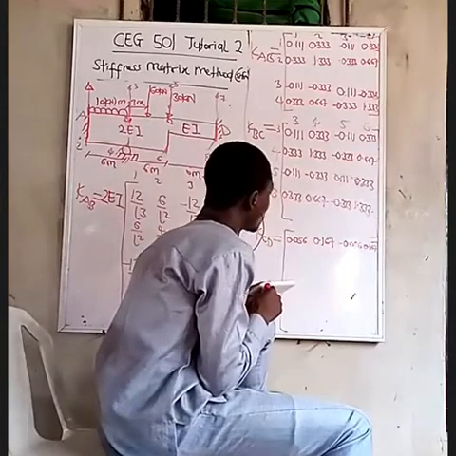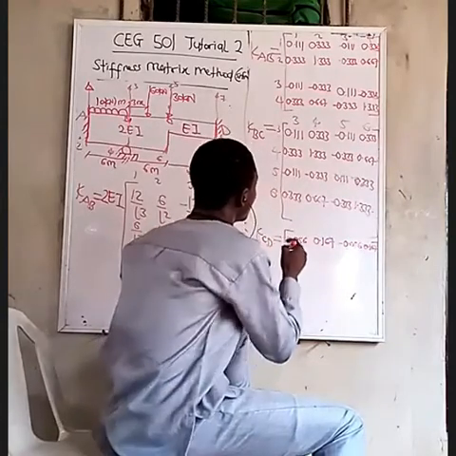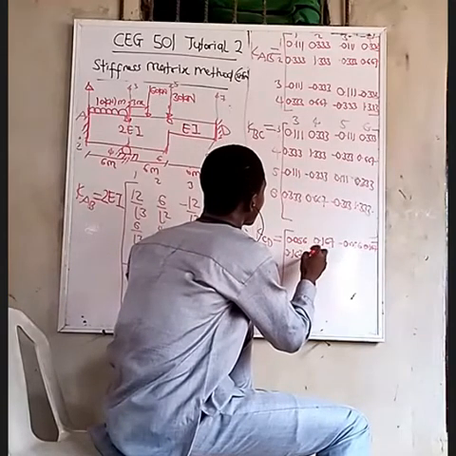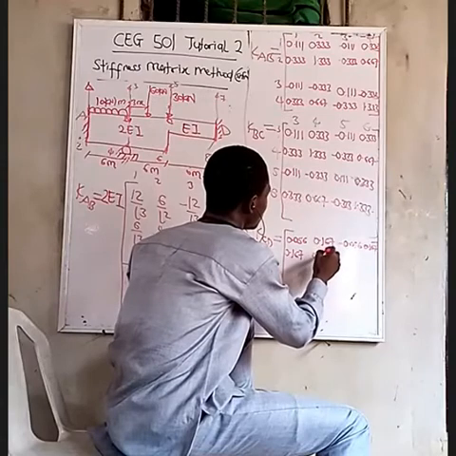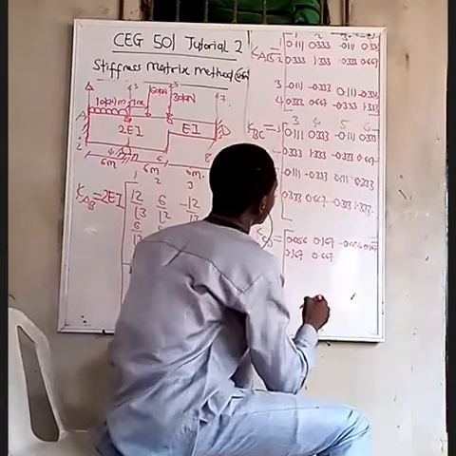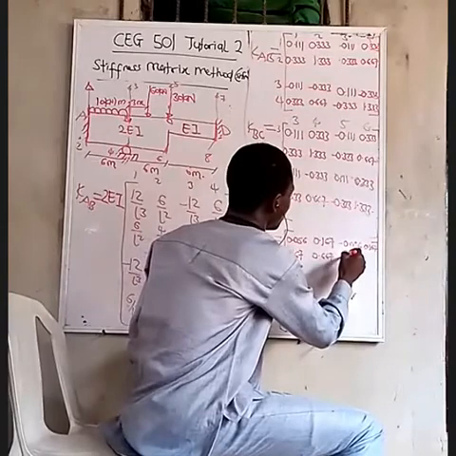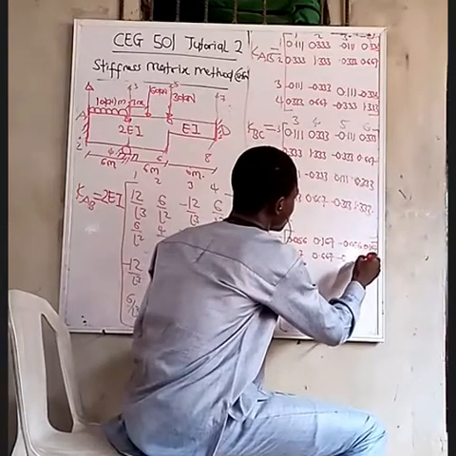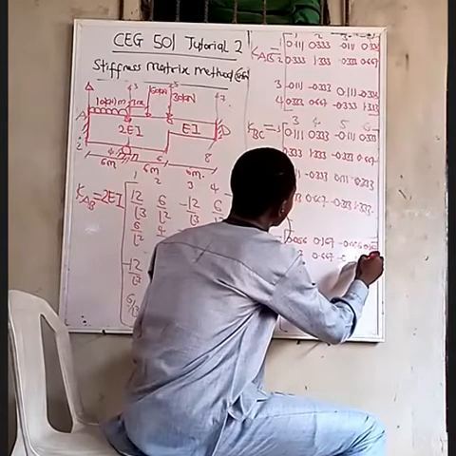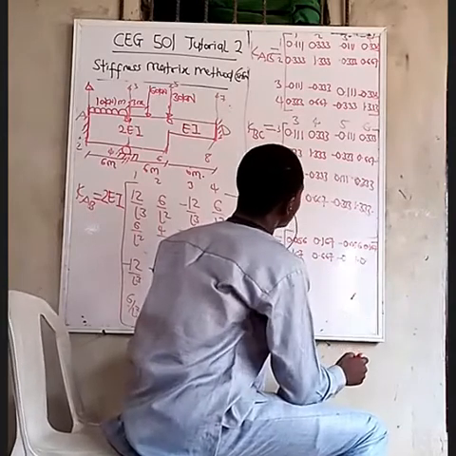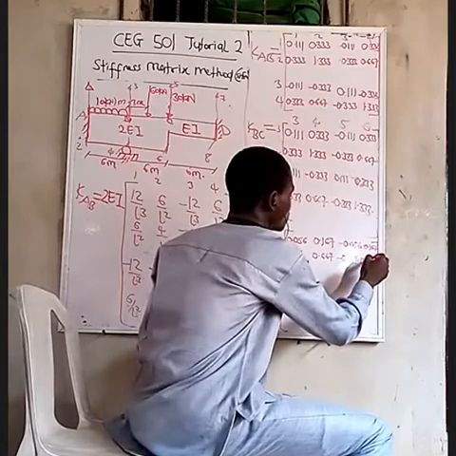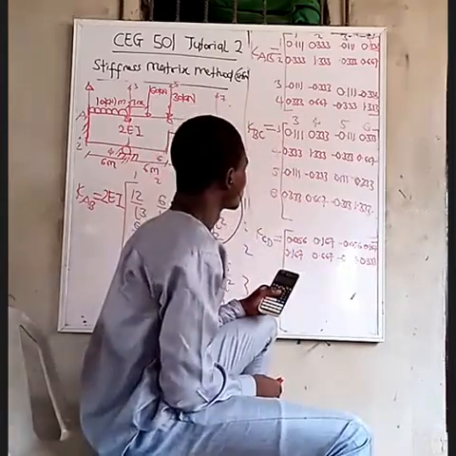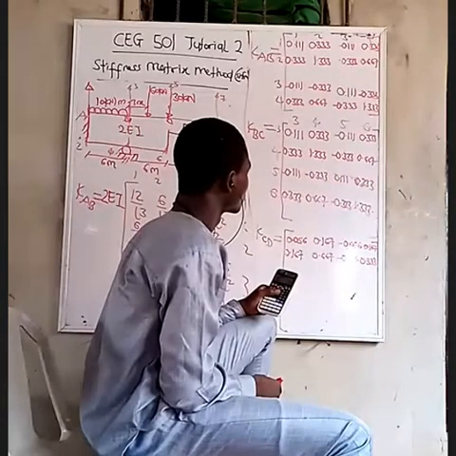I hope it's not too small to the eyes. So 0.167, 0.667 minus 0.167, 0. Please tell me if I'm wrong.